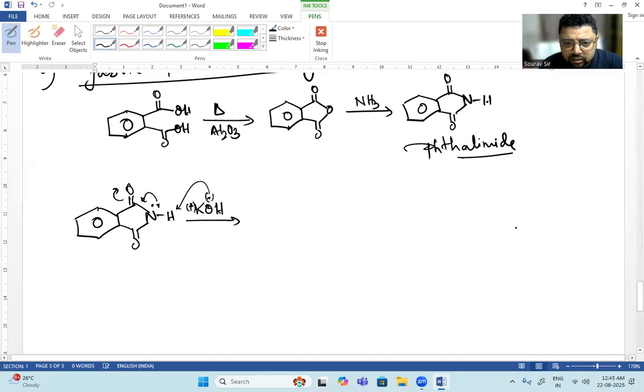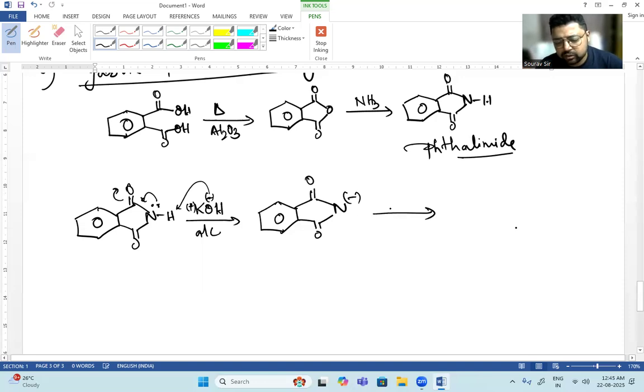With a little amount of KOH in alcoholic medium, you can get this negatively charged nitrogen atom. And to here you have to give an alkyl halide. This is also a very good method to prepare 1 degree amine from an alkyl halide without going for that Hofmann ammonolysis method.